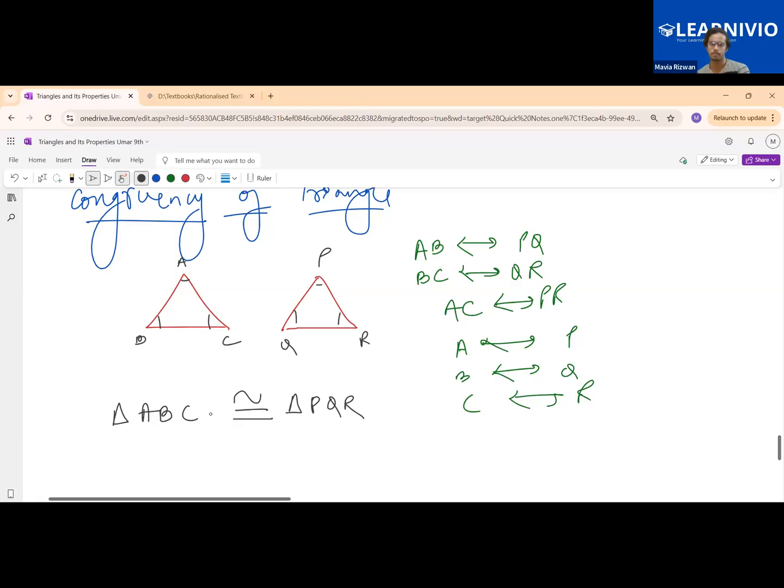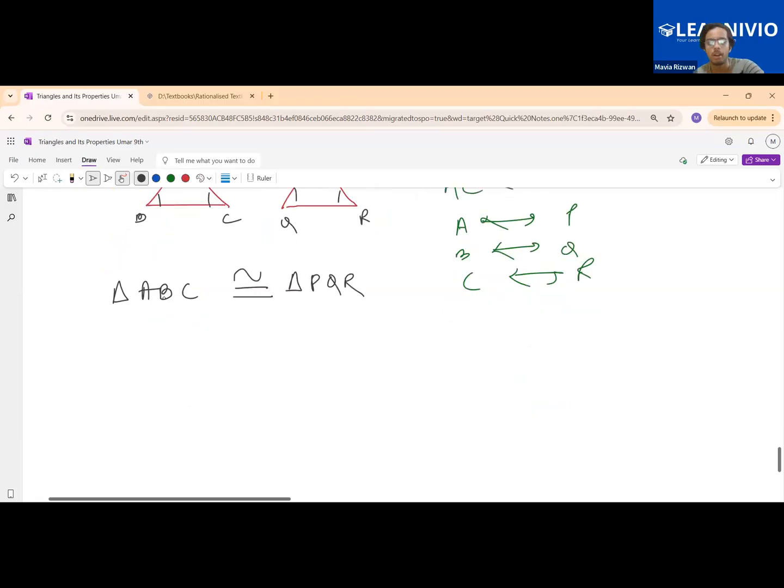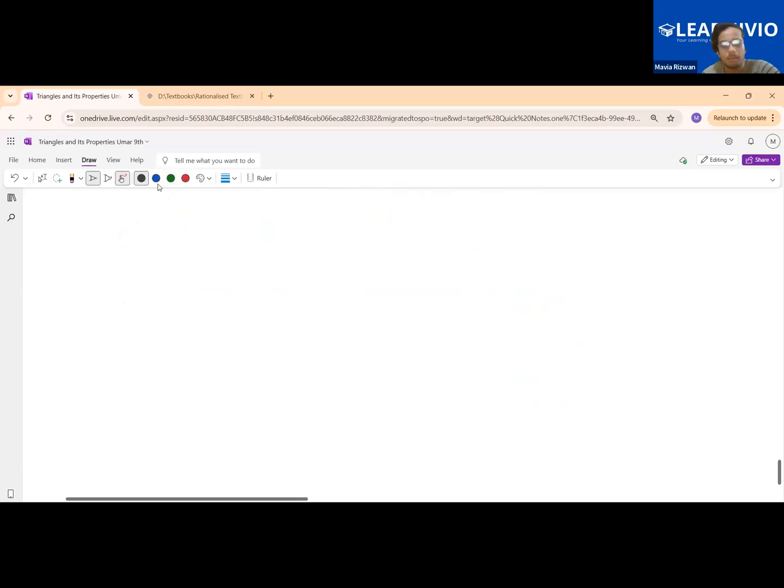Yes, sir. Okay, Umar, I'll give you an example. Tell me whether these triangles are congruent or not. And you don't have to tell the congruency by just looking at them. You have to tell them by the measures of their sides. Okay, sir.